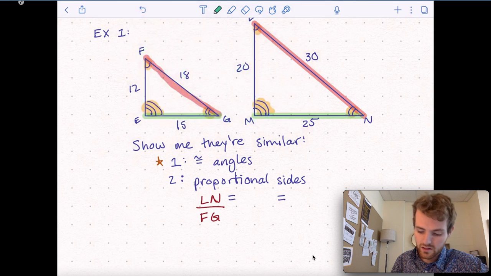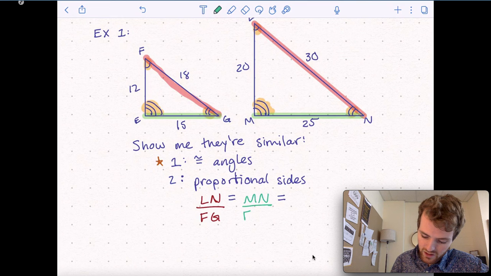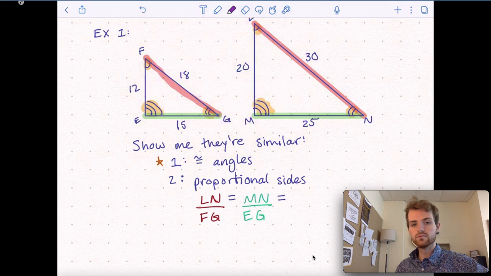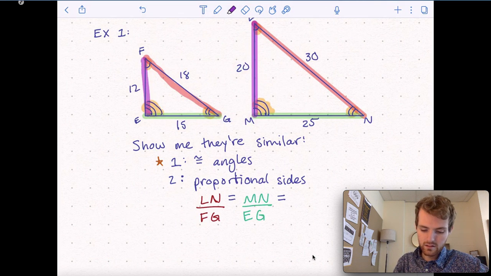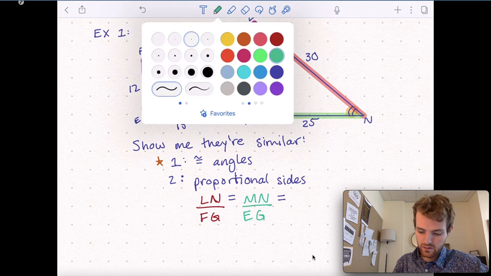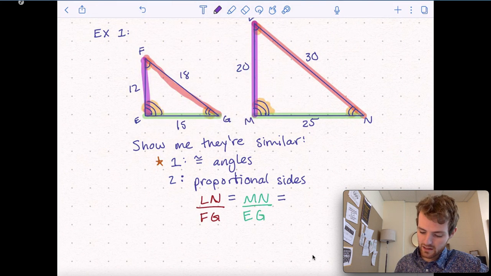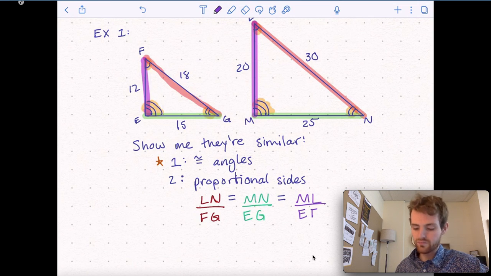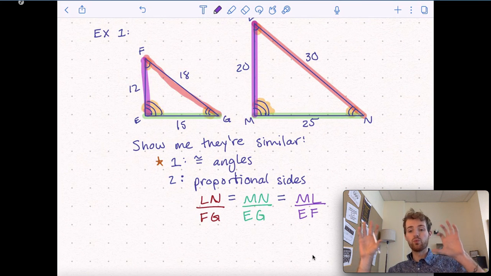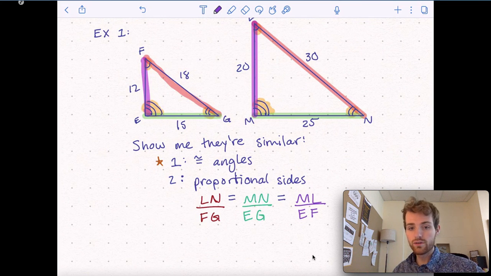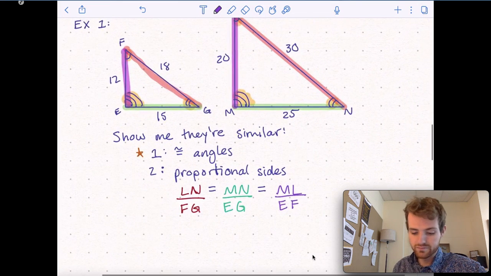So here, I would be writing MN over EG. And then that last side that we're looking at, ML over EF, right? So when we do this math, we want all three of these pairs of sides to equal each other.